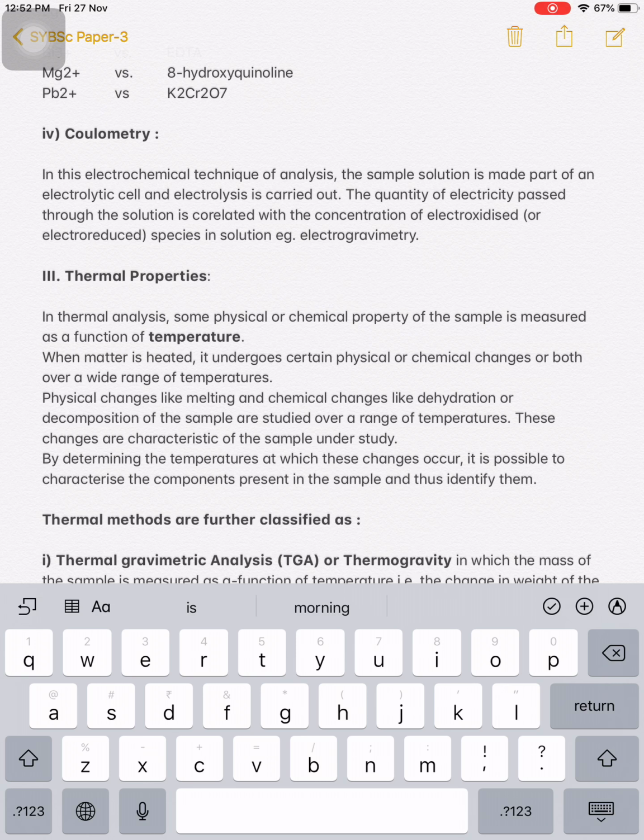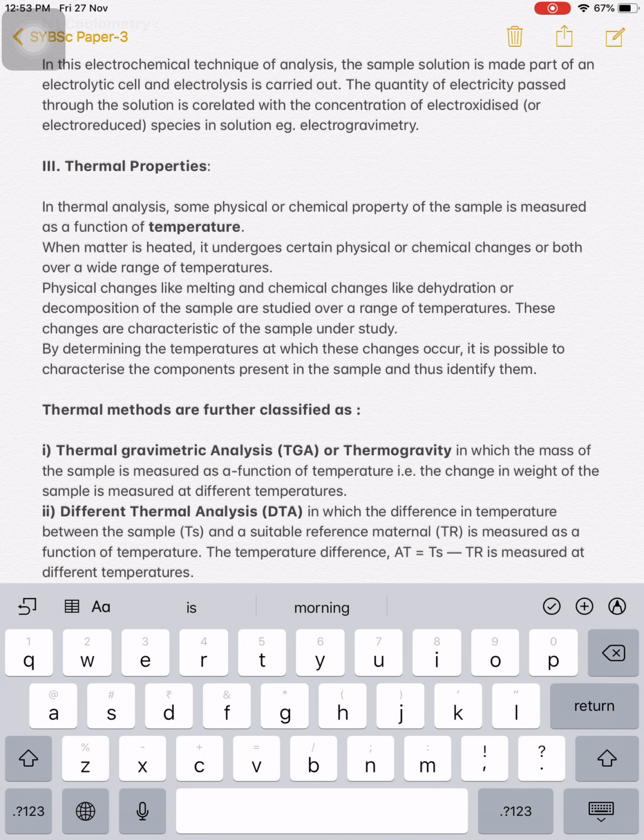The quantity of electricity passed through the solution is correlated with the concentration of electro-oxidized or electro-reduced species in the solution. An example is electrogravimetry.